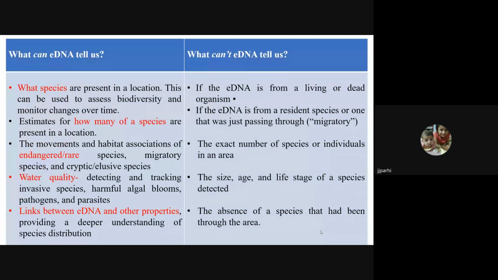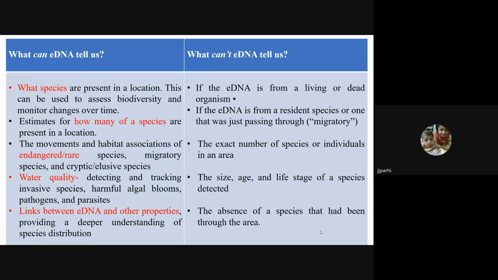If we have no idea, it is very difficult from the DNA to tell whether it is resident or migratory. The exact number of species or individuals cannot be said. You can say abundance, that it is present more or less. You cannot say that 125 individuals of a particular species are found in this region. No, it is not possible.